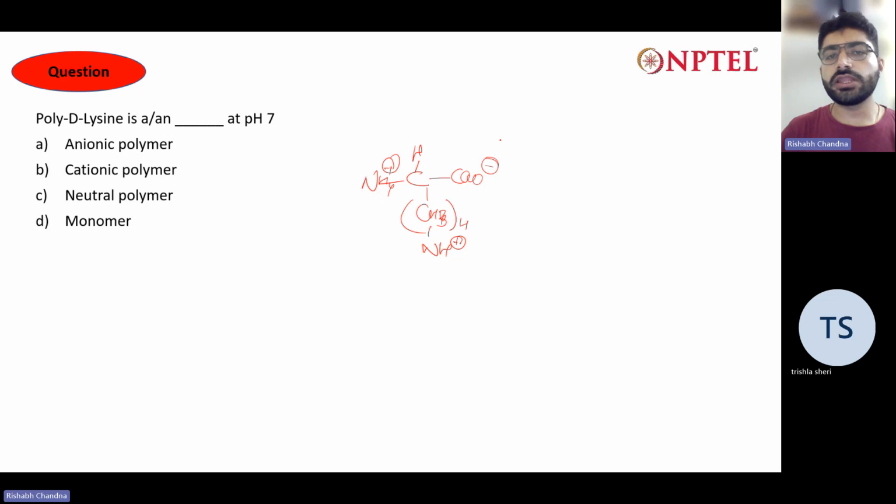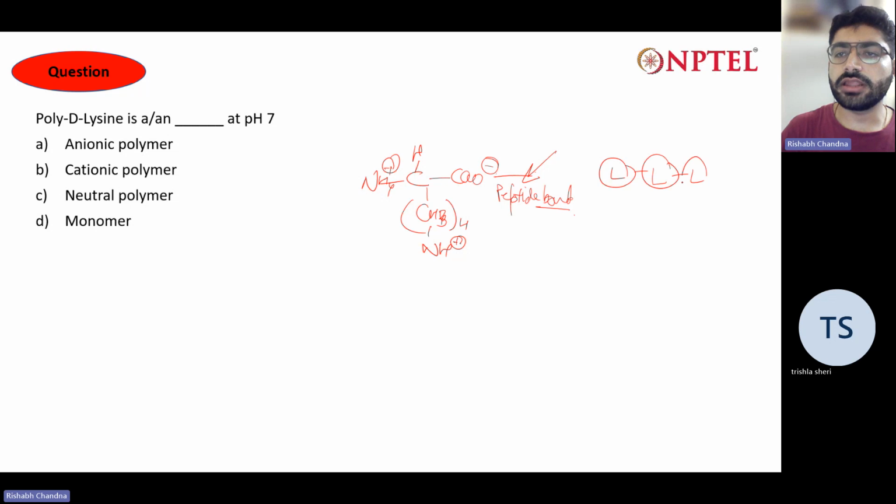When it forms polylysine, it forms a peptide bond with the other amino acid, another lysine. Now it will form lysine, lysine, lysine, lysine, like this kind of structure.